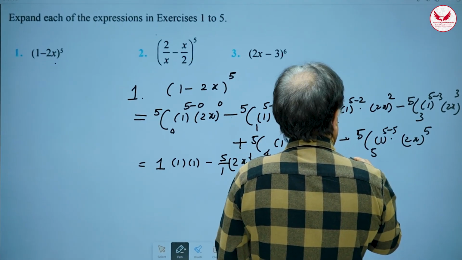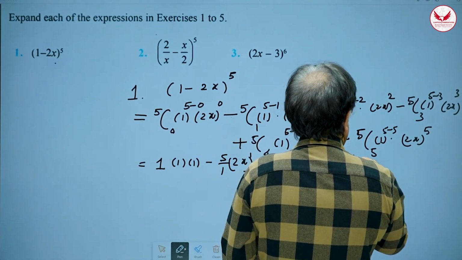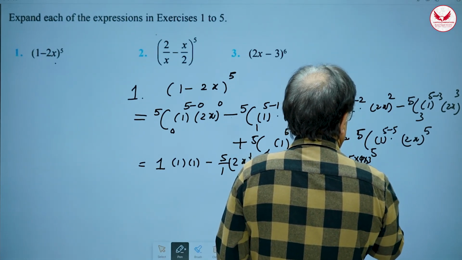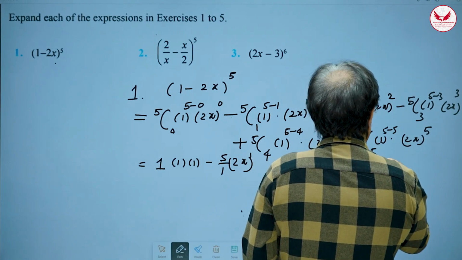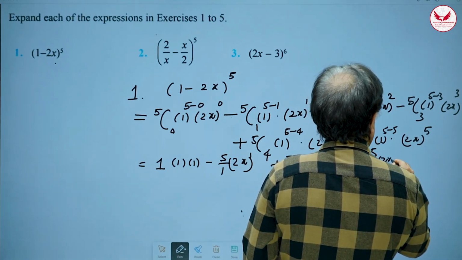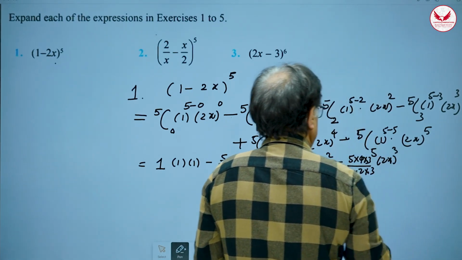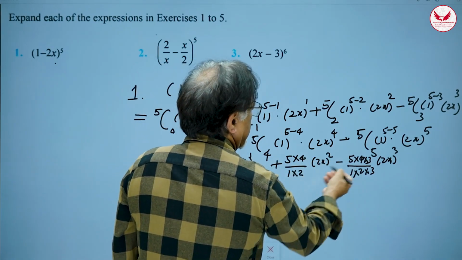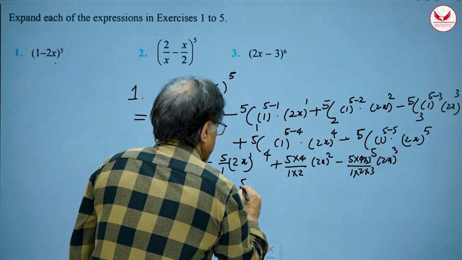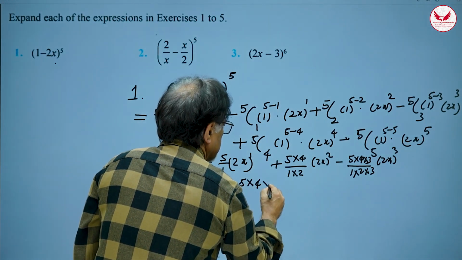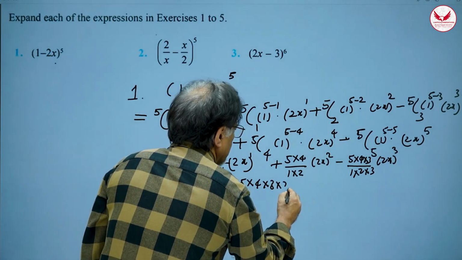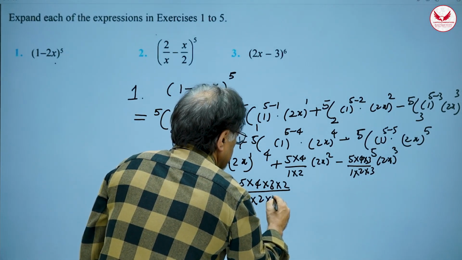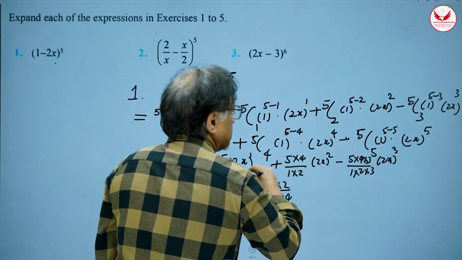So therefore this will be what? 5, 4, 3 divided by 1, 2, 3, and then the power of 2x will become 3. Okay. Plus. Now because it was minus, now it is plus. So it is 5, 4, 3 and 2 divided by 1, 2, 3 and 4, right?